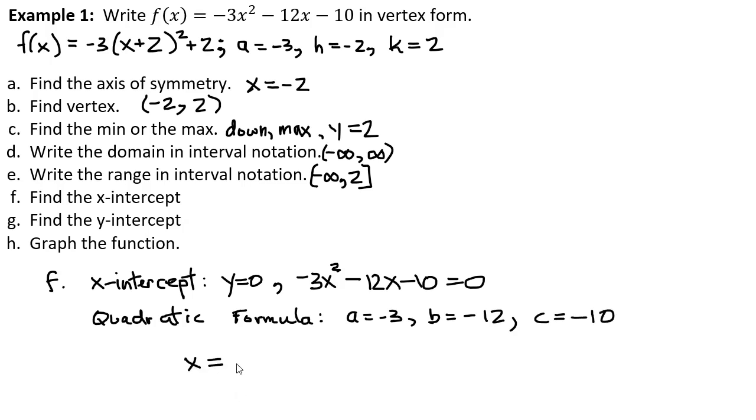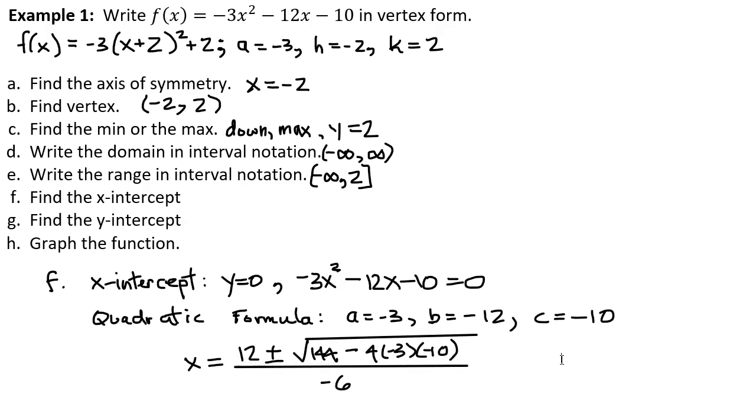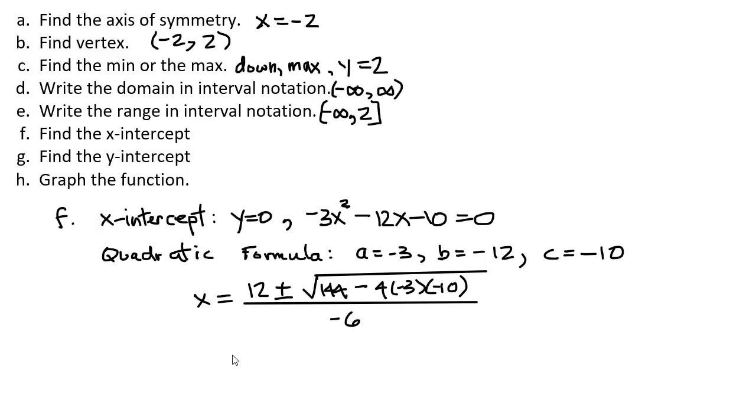So x will equal negative 12 plus or minus the square root of negative 12 squared, which is 144, minus 4 times a times c, all over 2 times a. And simplified, that is x equals 6 plus or minus the square root of 6 all over negative 3.